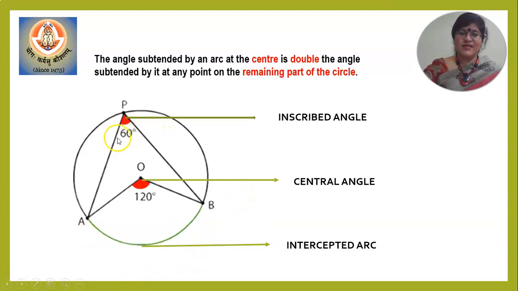So in other words, this angle APB is half the measure of the intercepted arc. I want you to understand these terms. What is the inscribed angle? What is the central angle? And what is the meaning of the intercepted arc? Let us look at another example.